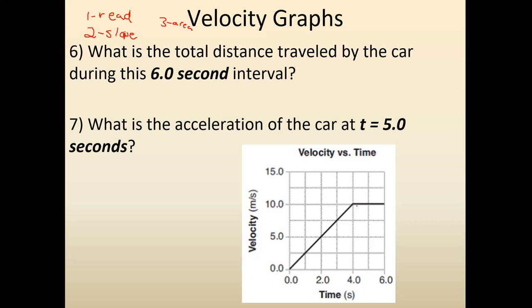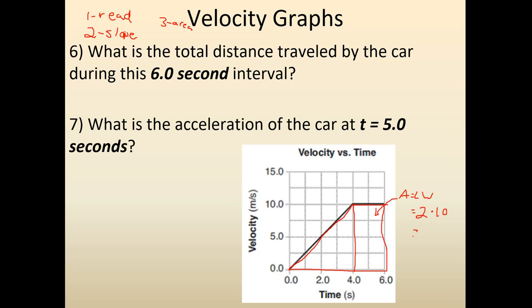All right, so during the 6 seconds, I'm going to turn this into a shape. So I'm taking the area. I have a rectangle here. The area of a rectangle is length times width. The length is going to be 2, because 6 minus 4, and the width, or in this case the height, is going to be 10.